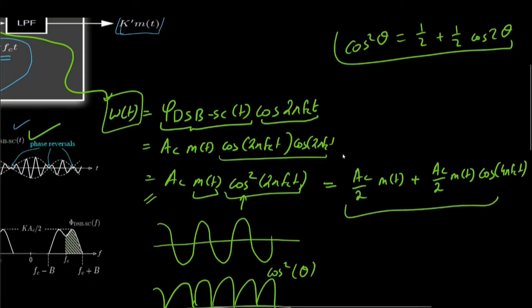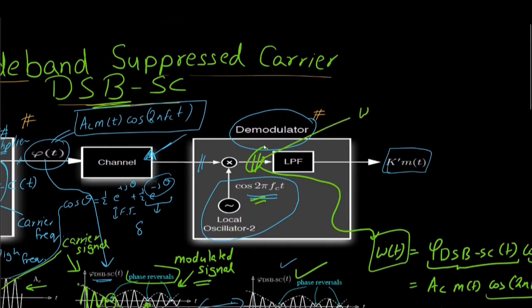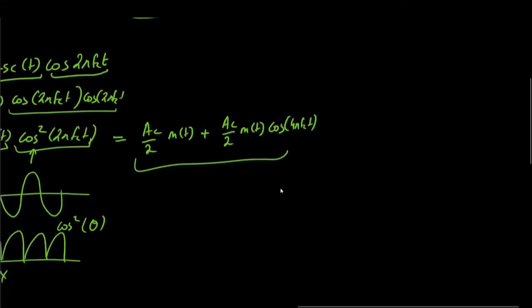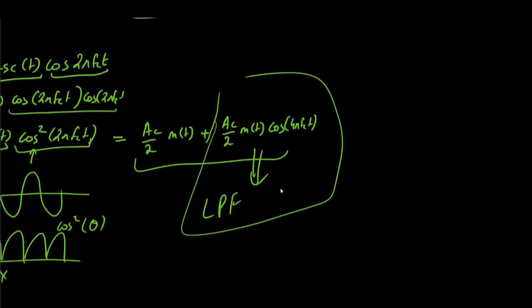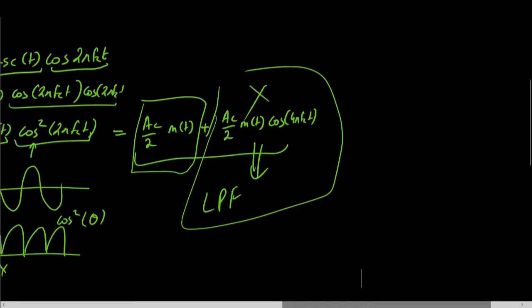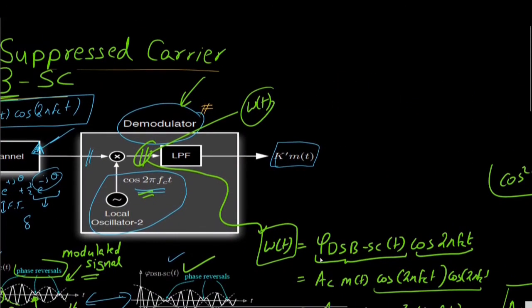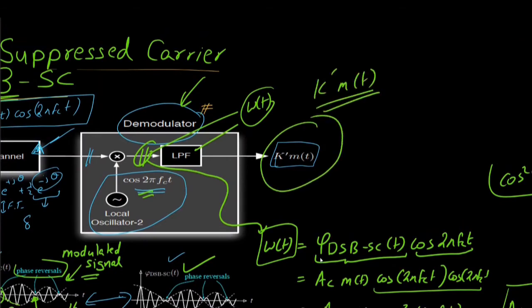From this expression we have covered w of t, but since we are interested in the low frequencies in demodulation, we will apply a low pass filter to reject this part. So we would be left with A_C by 2 m of t, and this is our low pass filter output, k dash m of t, where k dash in our case is simply A_C by 2. So this was an end-to-end modulation and demodulation of double sideband suppressed carrier.